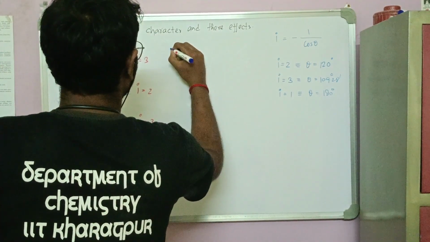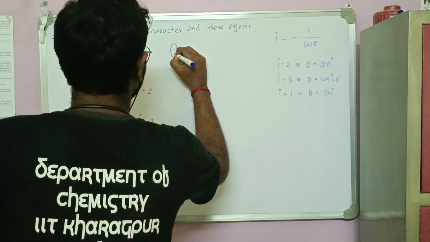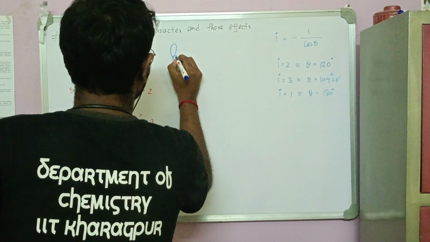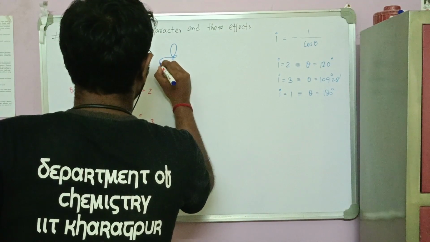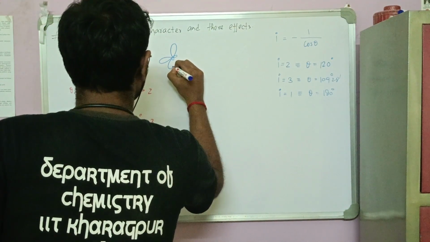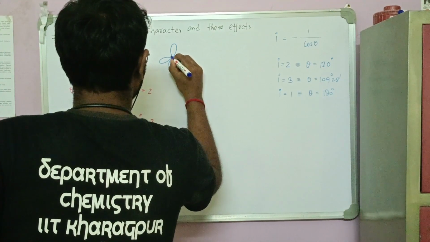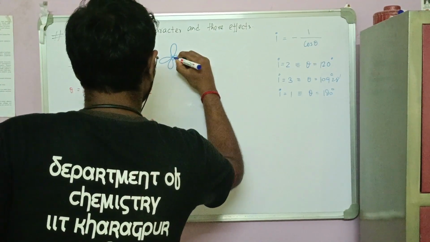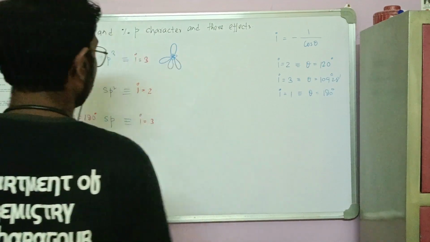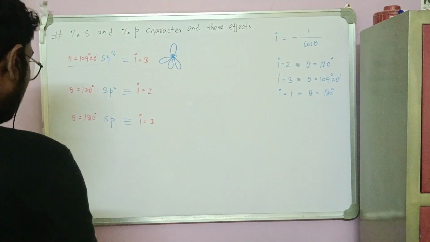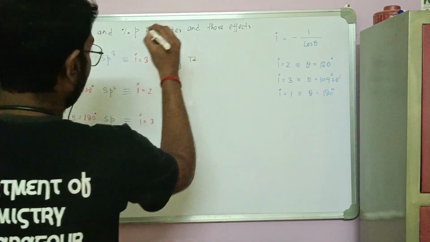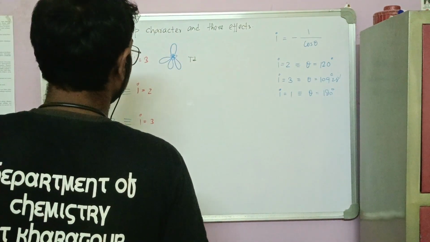So we can form such kind of geometry. I think you will support me if I draw this kind of geometry. So this is a tetrahedral, and these are all sp3 hybridized orbitals.